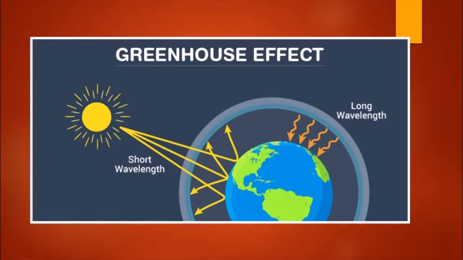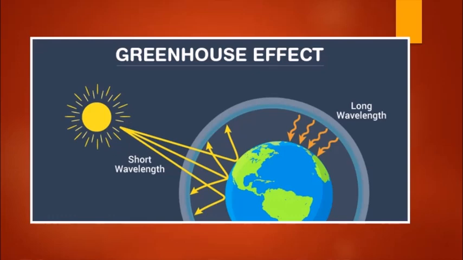Now what is happening is that because of the burning of fuel and industrialization, the amount of carbon dioxide in the atmosphere has increased. As more and more carbon dioxide increases, a layer is formed around the atmosphere, a layer of carbon dioxide, nitrous oxides, even methane and chlorofluorocarbon.